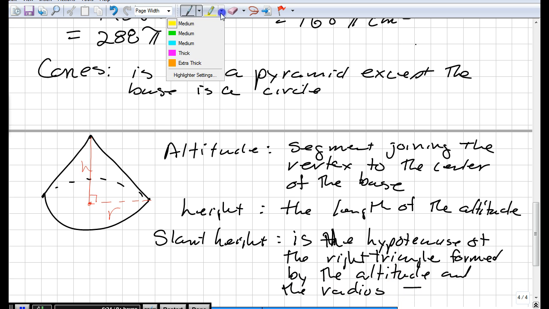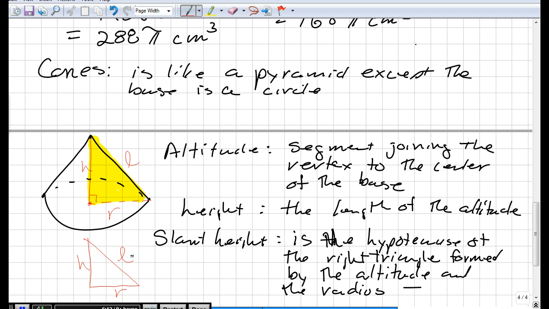Okay, and so that is the slant height. So if we pulled out that right triangle, this would be H, this would be R, and that would be L, the slant height. Okay?